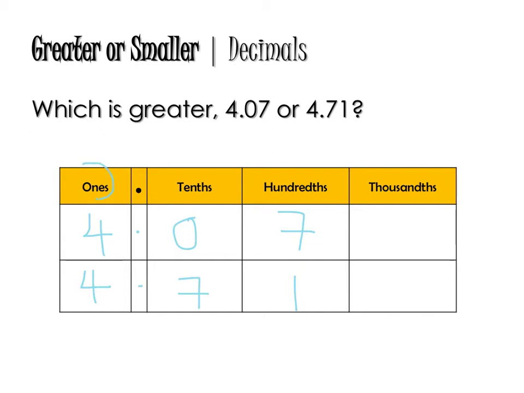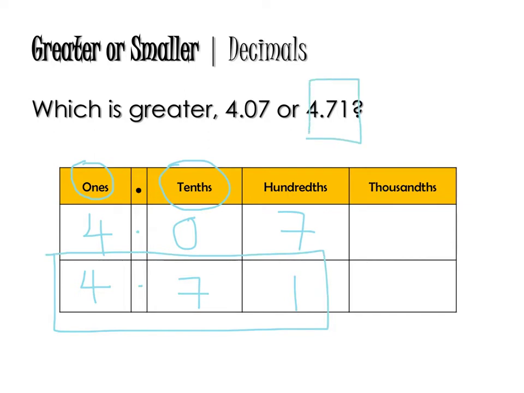In this case, my ones place is the greatest. Since both are 4, I will move on to my next place, the tenths place. Because this is 0 and this is 7, 7 is much bigger than 0, I will take this decimal to be greater. So which is greater? 4.71 is greater than 4.07.